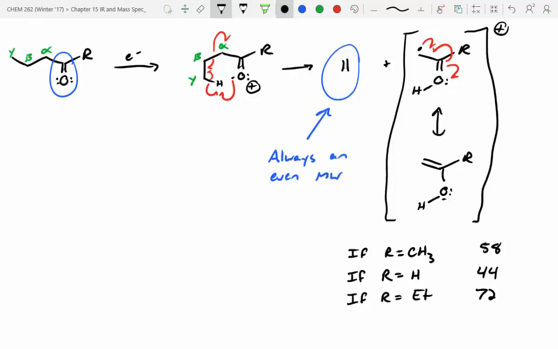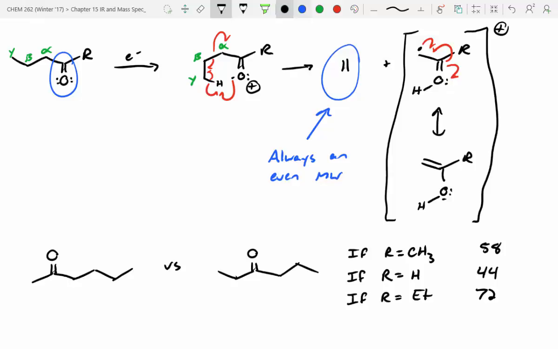So for example, if you were trying to determine, hey, do I have this guy versus this guy, what fragments would you expect for the one on the left?